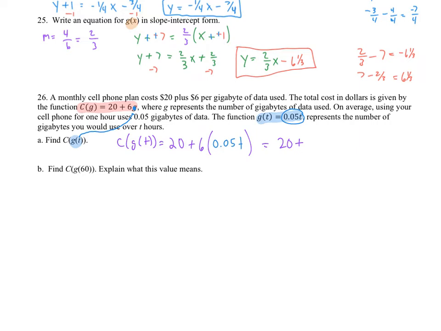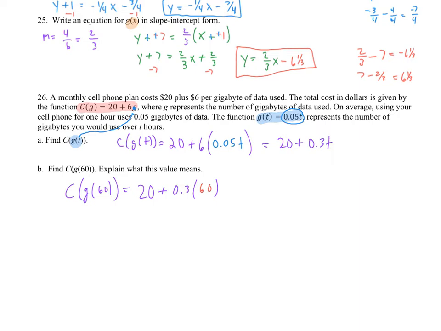It's 0.3, so 0.3 T. So there's our new function. And it says find C of G of 60. So I'm going to take that new function, C of G of 60 equals, and so 20 plus 0.3 times, we're plugging something in, which is the 60.